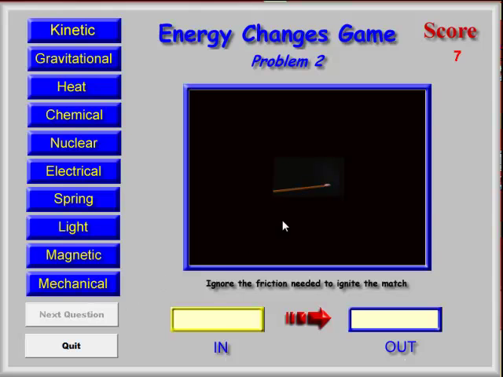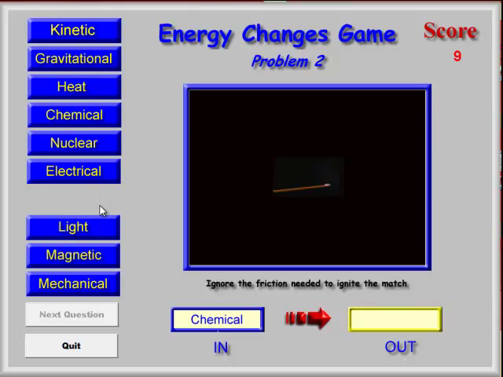Okay, now we have a match that's being struck. Notice it says ignore the friction needed to ignite the match. So we're asking, well, what energy was actually in the match to begin with? Let's see. You lose. Well done. So it was the chemical energy in the chemicals on the end of the match. Wrong. Let's see. Yes.